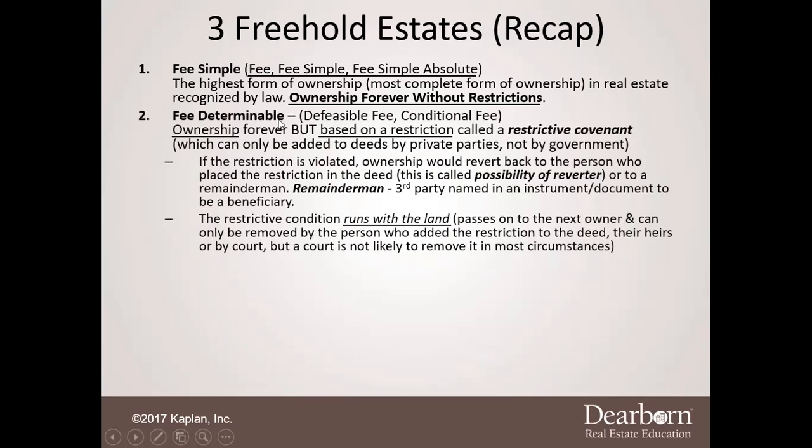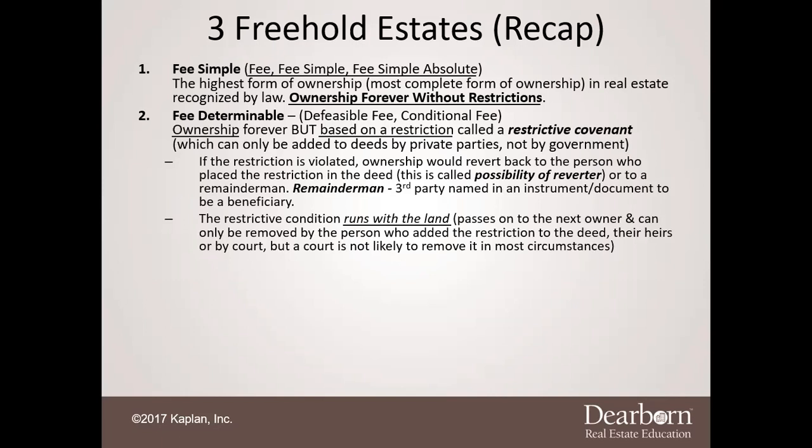Fee determinable also goes by defeasible or conditional fee estate, is ownership forever, but that ownership is based on a restriction. And that restriction is called a restrictive covenant, which can be added to the deed by private parties, not by governments. Governments have their own powers on how they could restrict how you use your property.